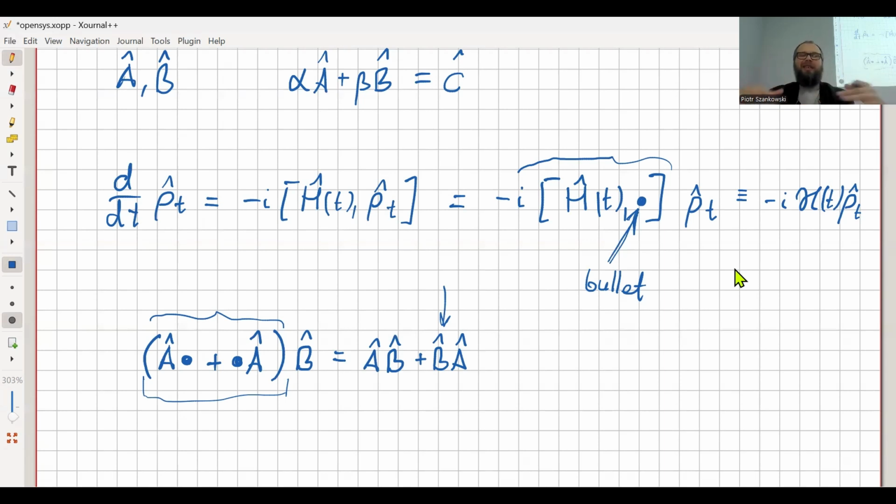But from a mathematical point of view, you just have a vector space and operators in that vector space, and the Schrodinger equation is just operators acting on vectors. So mathematically speaking, the von Neumann equation has the same form as the Schrodinger equation. You're just using different vector spaces, essentially, right?